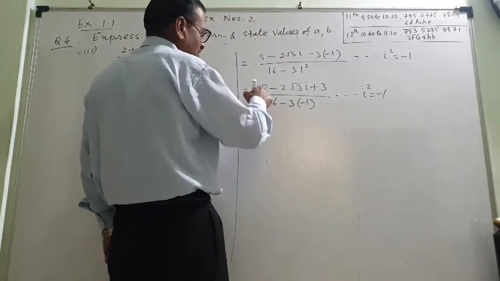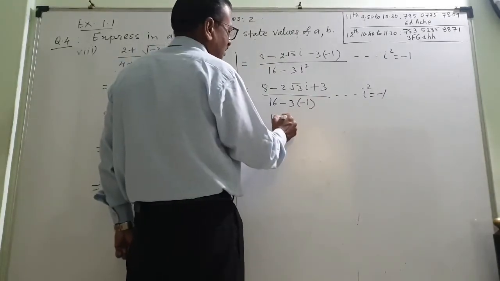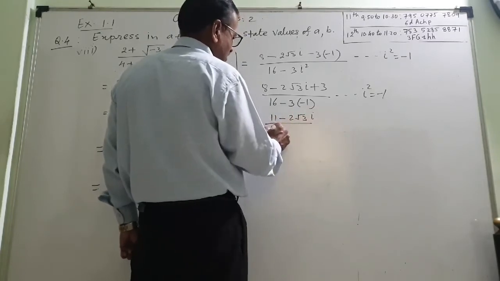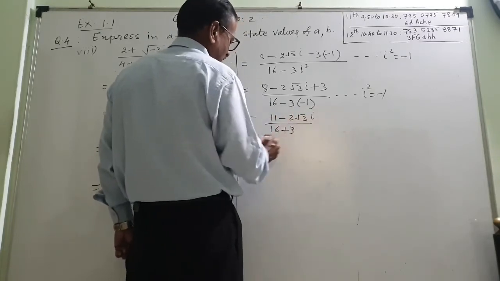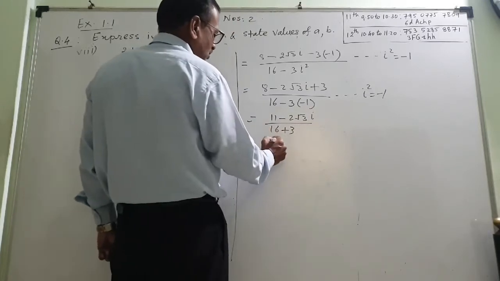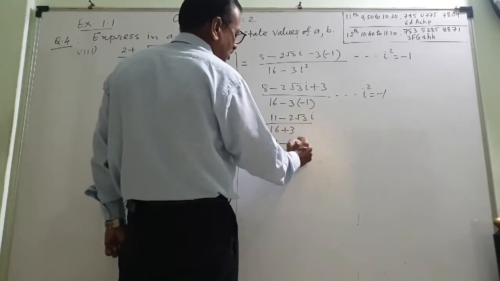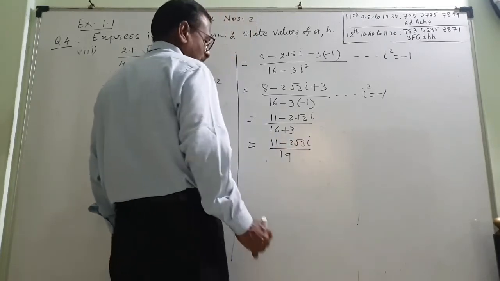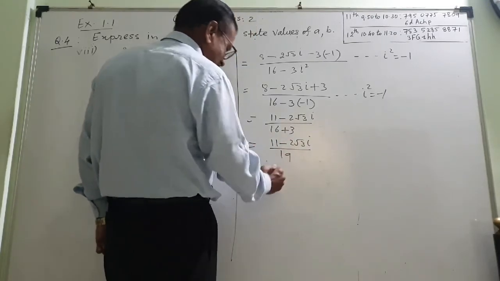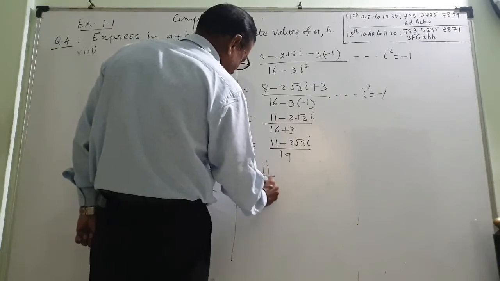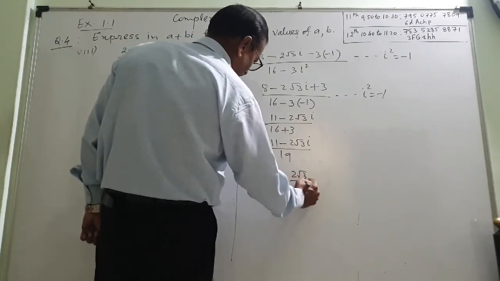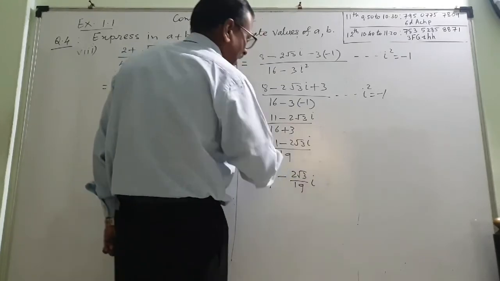So that is equal to 8 plus 3 is 11 minus 2 root 3 i upon this is 16 plus 3, that is equal to 19. So 11 minus 2 root 3 i upon 19. That I will separate: 11 upon 19 minus 2 root 3 upon 19 i.